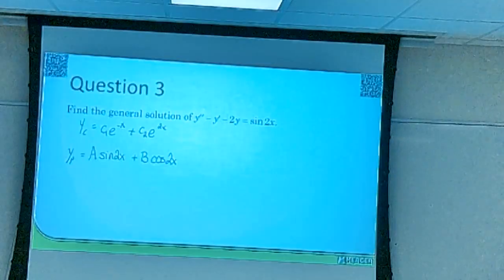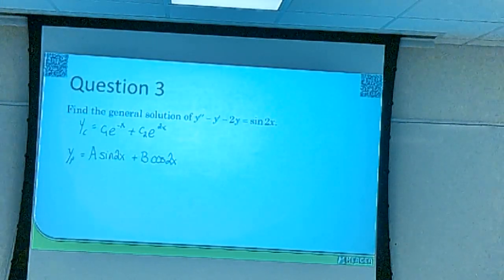Right, the reasoning behind why it's the sum of the two: what happens when you take the derivative of sine? You get cosine, right? What happens when you take the derivative of cosine? You get sine. So you have to look at their sum.